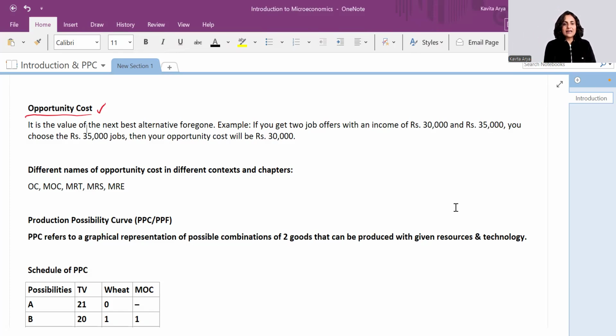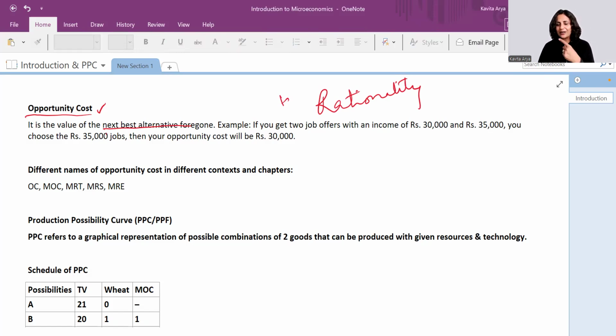Okay. Now let us see what is quoted here. It's the value of the next best alternative forgone. Why is it said next best alternative? Because the pre-assumption of doing anything in economics, whether you are talking about any chapter, micro or macro, is rationality. If you just write one assumption as rationality, you get 1 mark.